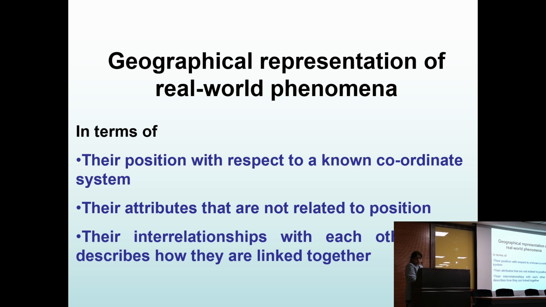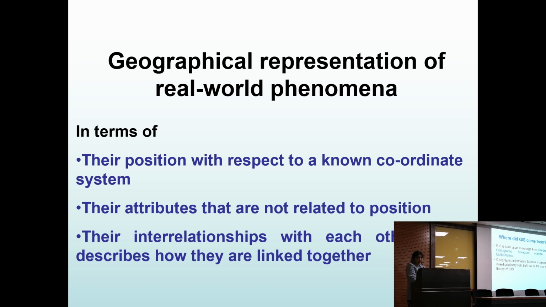Many domains have contributed to bring GIS to its present form. So what are those domains? Those domains are geography, because it is a geographic information system. It deals with geographic data which are specifically geographically referenced.